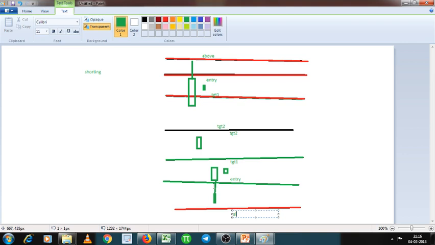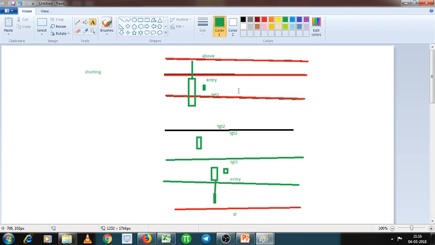It's as simple as that. If you're not sure how to use these pivots, just Google it and read it. You'll understand things in a much better way than I have explained here, and then you can start using it.